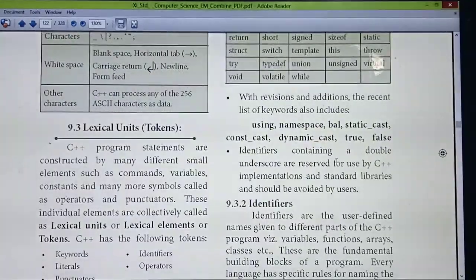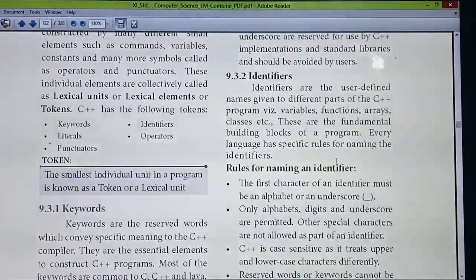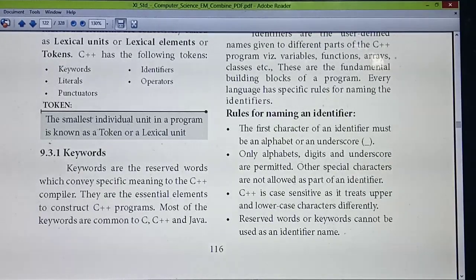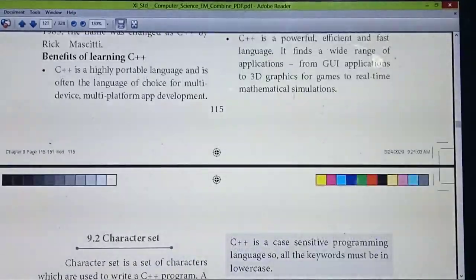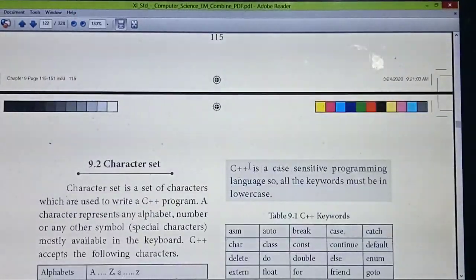Second point, same page, under the heading rules for naming identifiers. It treats uppercase and lowercase characters differently. So first you should mark here: C++ is a case-sensitive programming language, so all the keywords must be in lowercase. This is the first point.